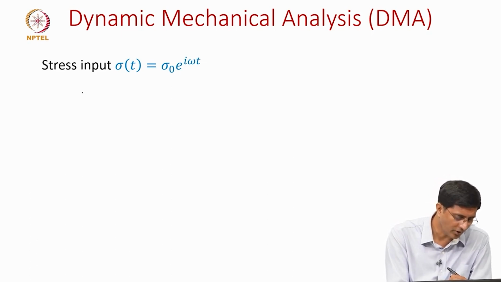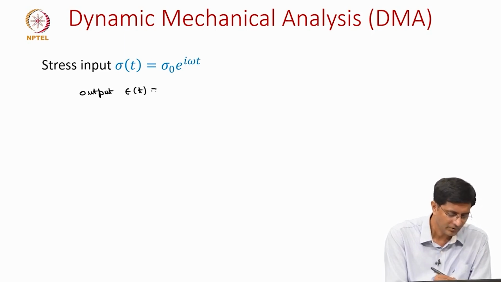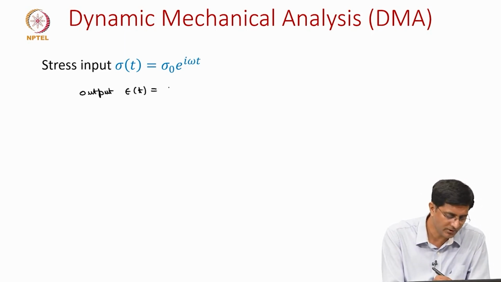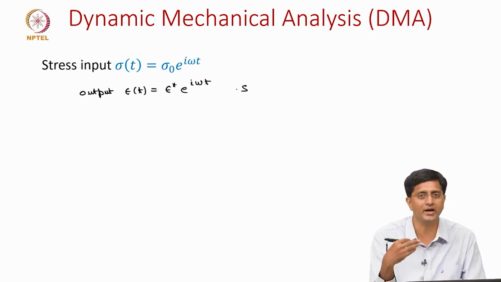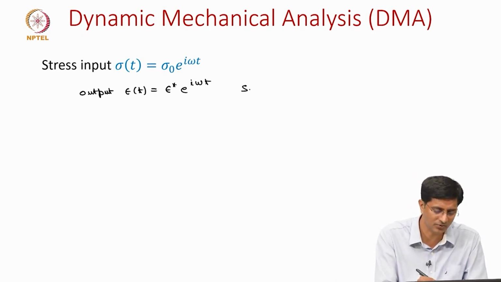So, if we are looking for the output, again like previously we will simply start with some complex strain epsilon times e power i omega t, saying that we are able to write this because we observe that both the input and the output are having the same frequency.